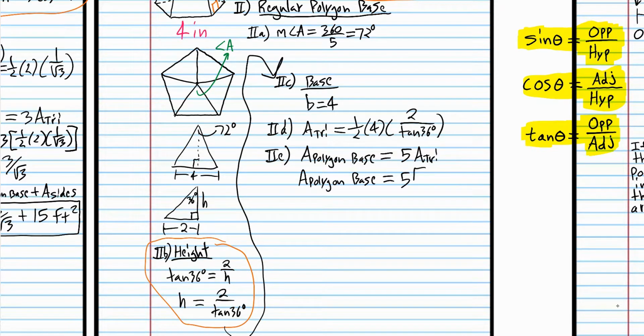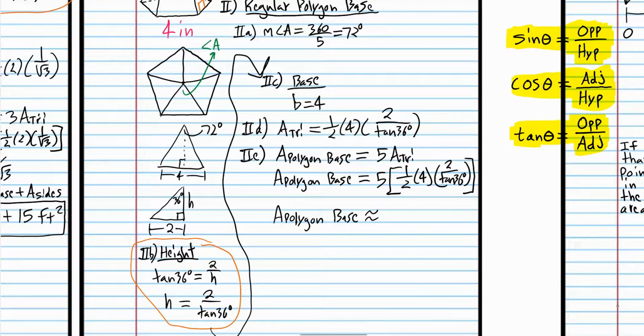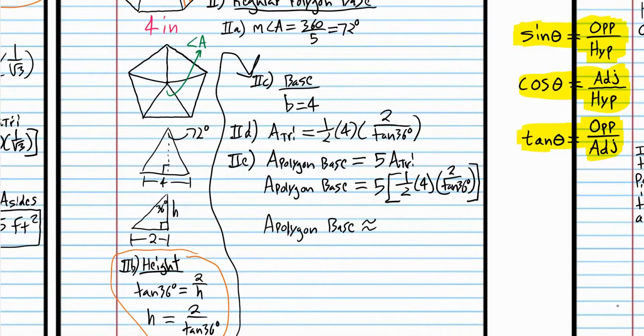So 5 times all that stuff up there, so 1/2 times 4 times 2 over tangent 36 degrees. I'll move that over a little bit. And now we could just simplify that, but we didn't really simplify that expression in the first problems we did today, so I'm just going to write an approximation for that.